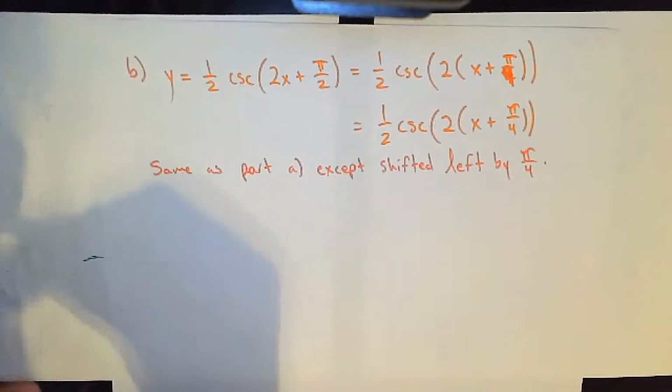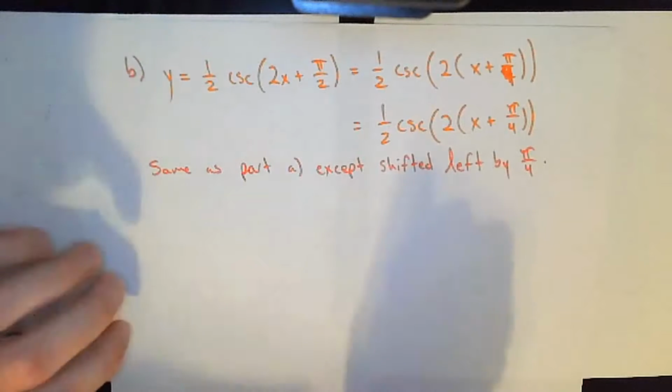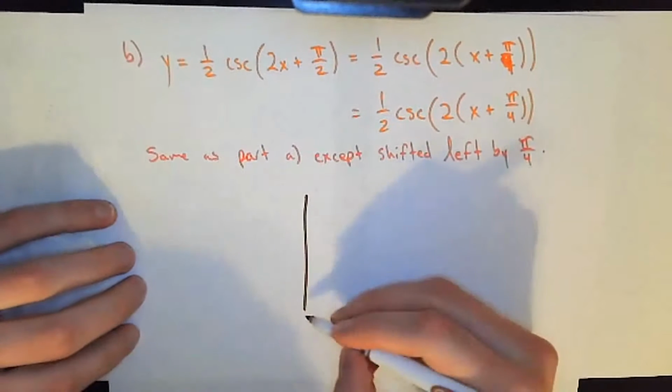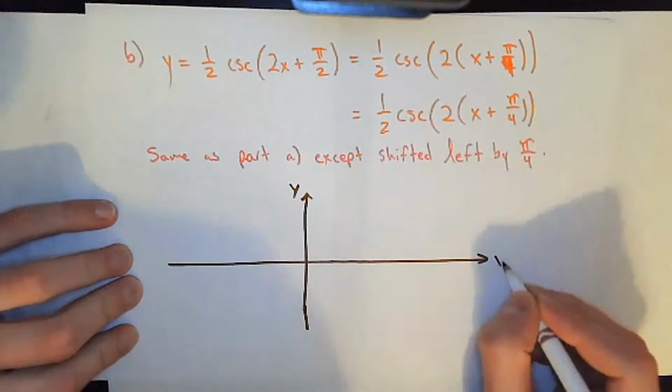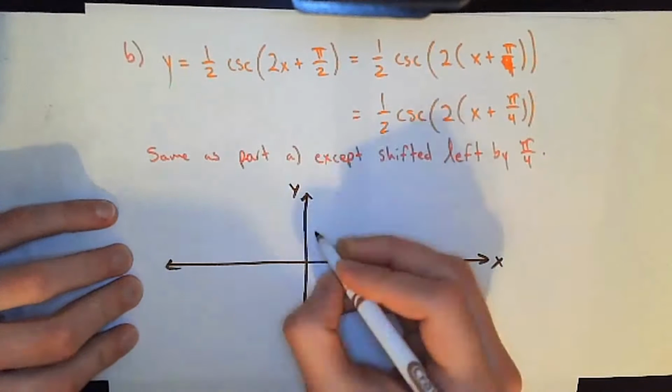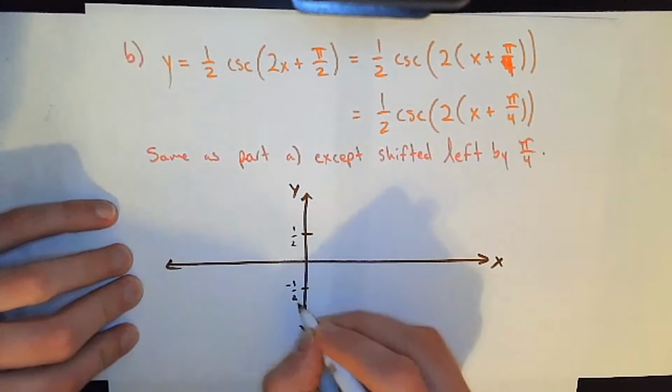All right, cool. What does that mean? That means we're going to draw this graph. Put that 1/2 there, put that negative 1/2 there.